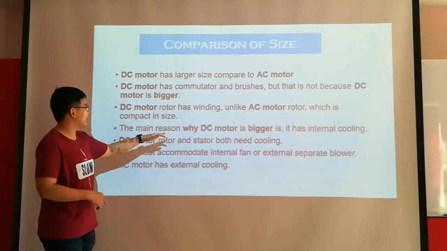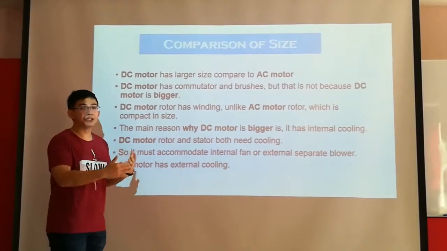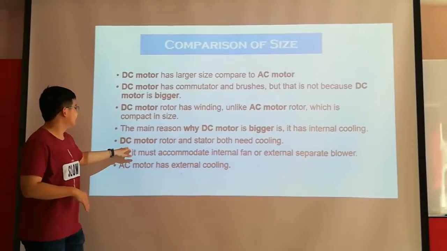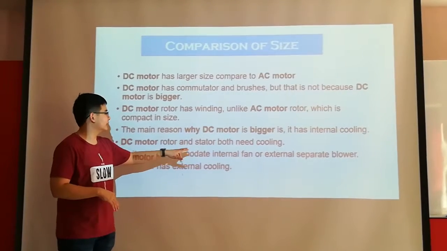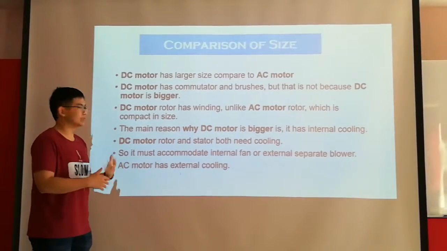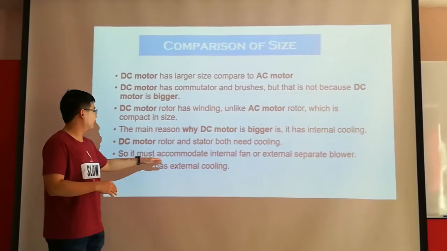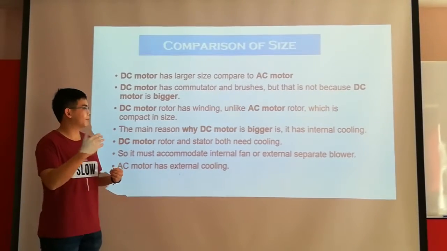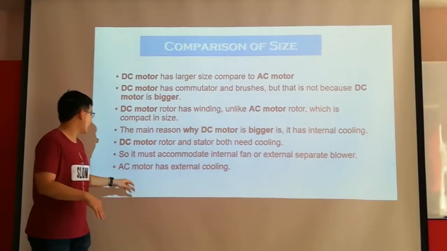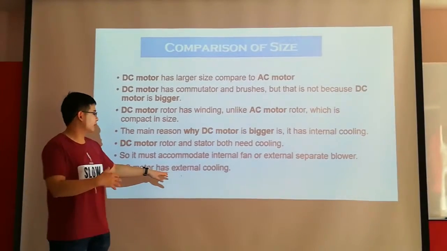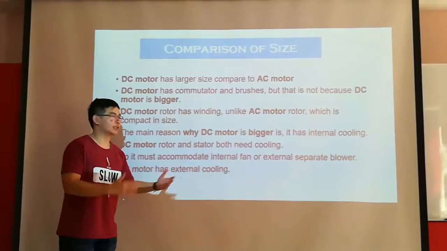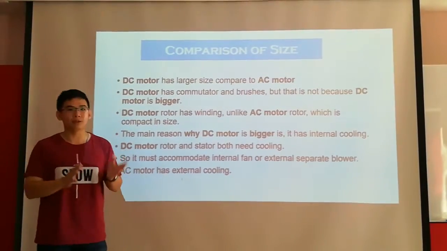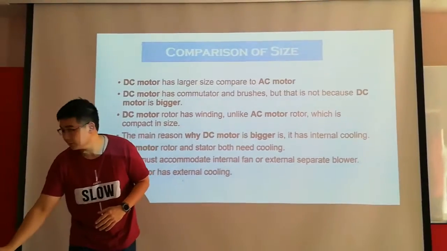The main reason why the DC motor is bigger is that it has an internal cooling system. The DC motor rotor and stator both need cooling, and it must accommodate internal fans or an external separate blower. The AC motor uses an external cooling system, so it has a smaller size compared to the DC motor.